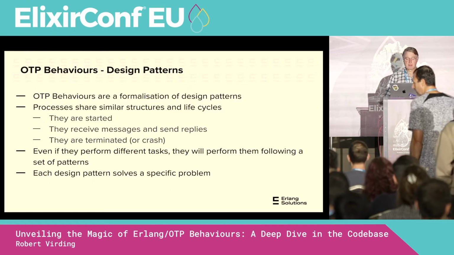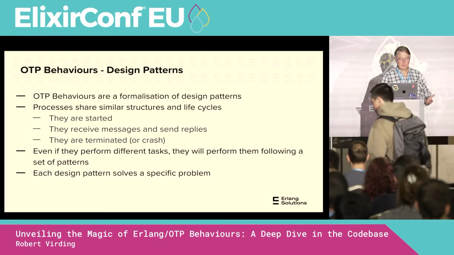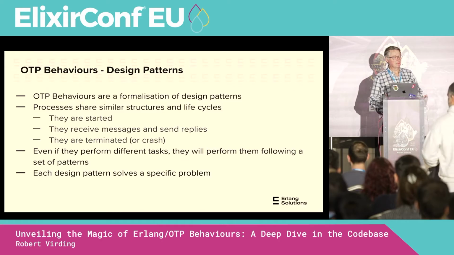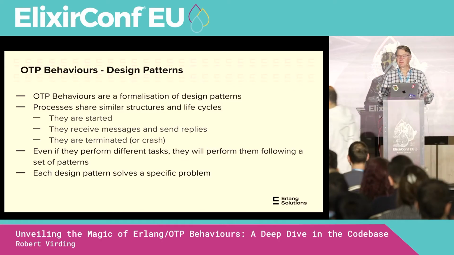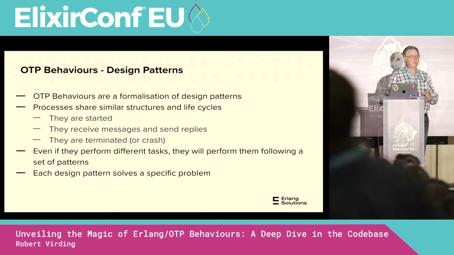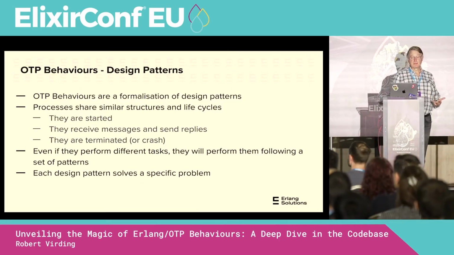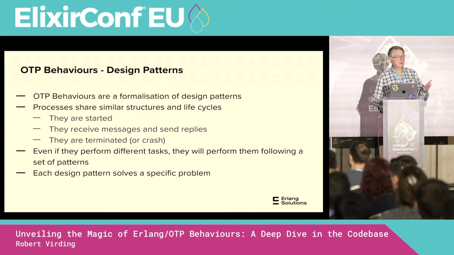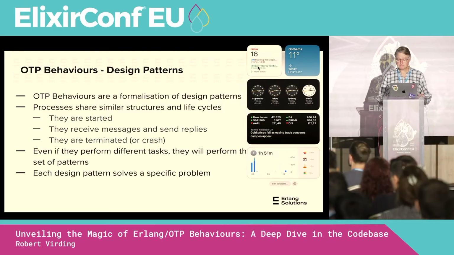I've got another diagram coming afterwards. You start the process. They initialize themselves, and they sit there waiting for messages, and when a message comes, they process that message and do stuff, and then go sit and wait for the next message. So they're sitting in this loop. And then they're either terminated, or they might crash, or they might just live forever, right?